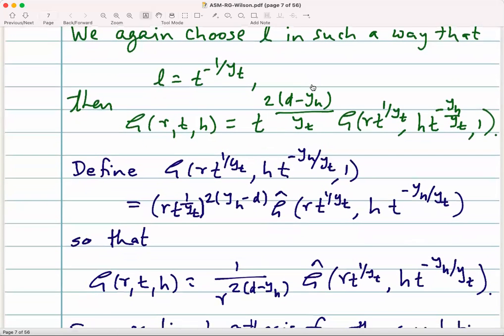fine. So what we will do is we will define the G for the block spins to have a specific scaling property, namely it goes as R times T to the 1 by YT whole to the power of this factor 2 times YH minus D times a new 2-point function, which is written in terms of only these 2 variables.